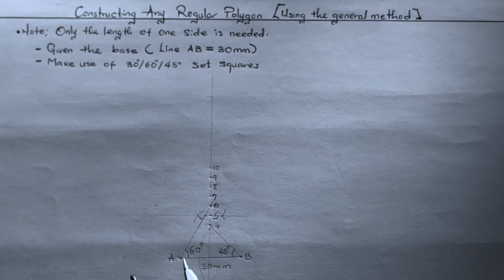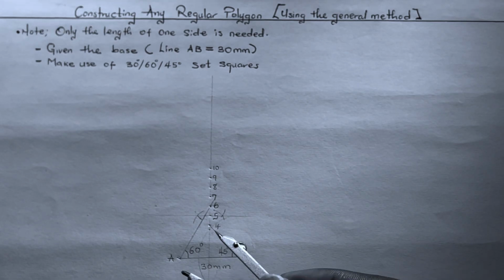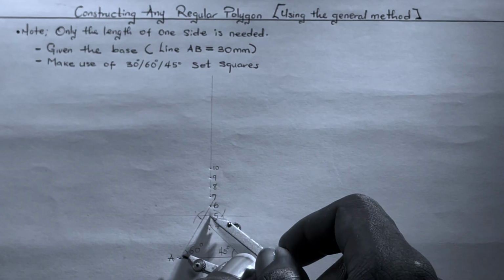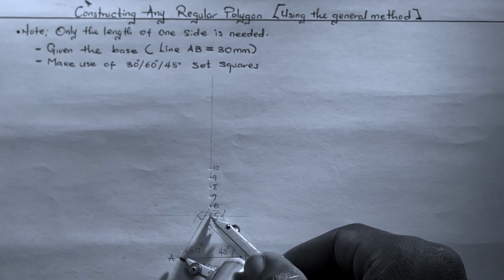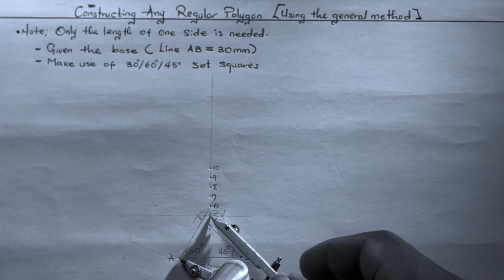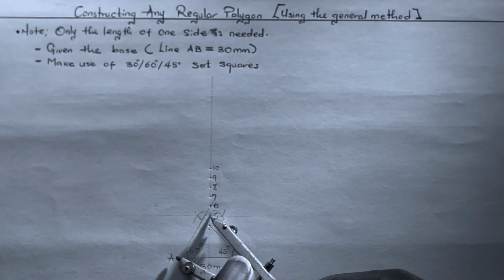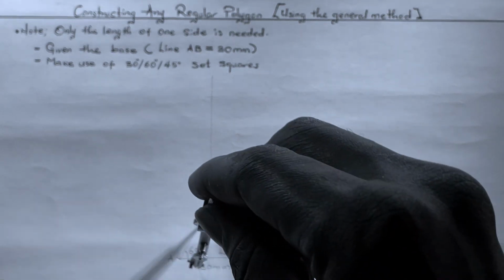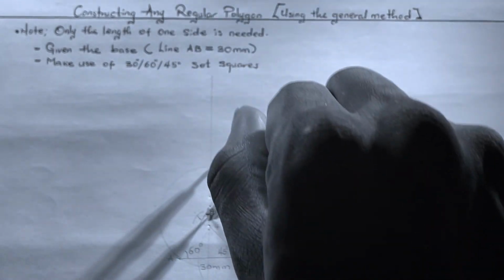To construct our pentagon, which has 5 sides, we put our compass needle at point 5 and extend its mouth to either point E or point B, and then we use it to draw a circle around the axis of the construction area.